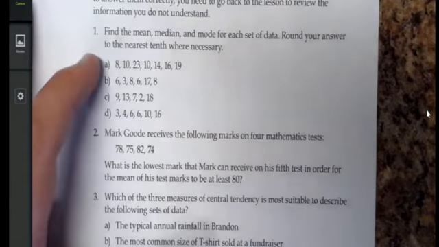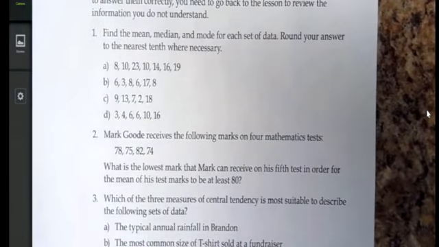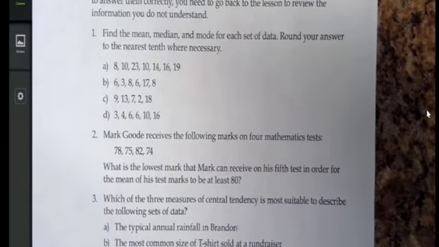So do the first one, and then we'll have number 2 and a few other ones. You could do B, C, and D, for instance.